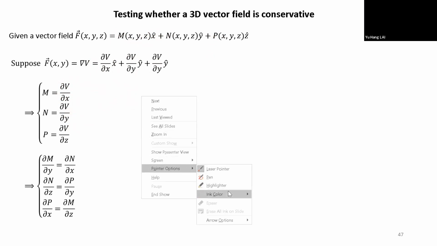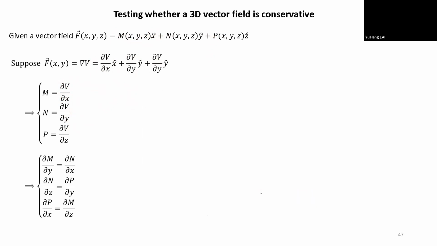So again, the trick is to rely on the fact that the order of taking derivatives doesn't matter. Because partial v partial y partial x has to equal partial v partial x partial y. This is the property that we'll rely on.